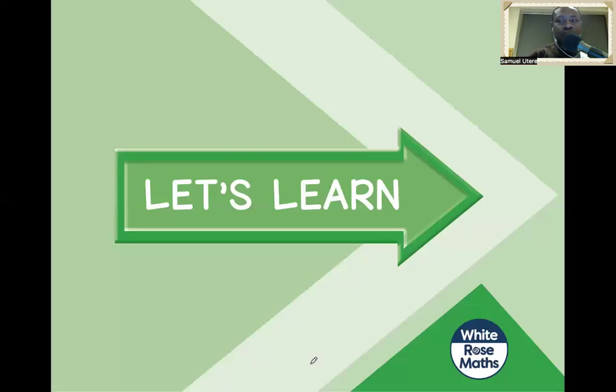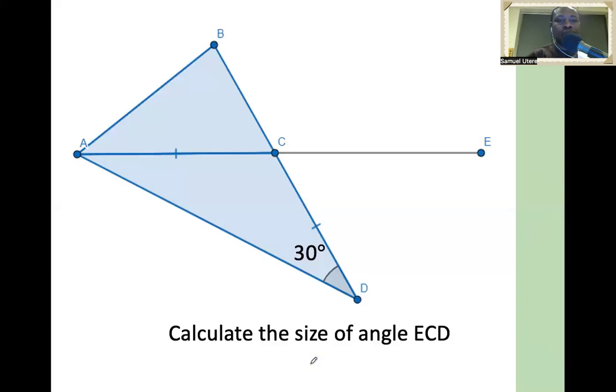Let's do some new learning for this lesson. How would we calculate the size of angle ECD? Well, have a think. First, we have to identify angle ECD. Remember, the middle letter tells us the location of the angle.